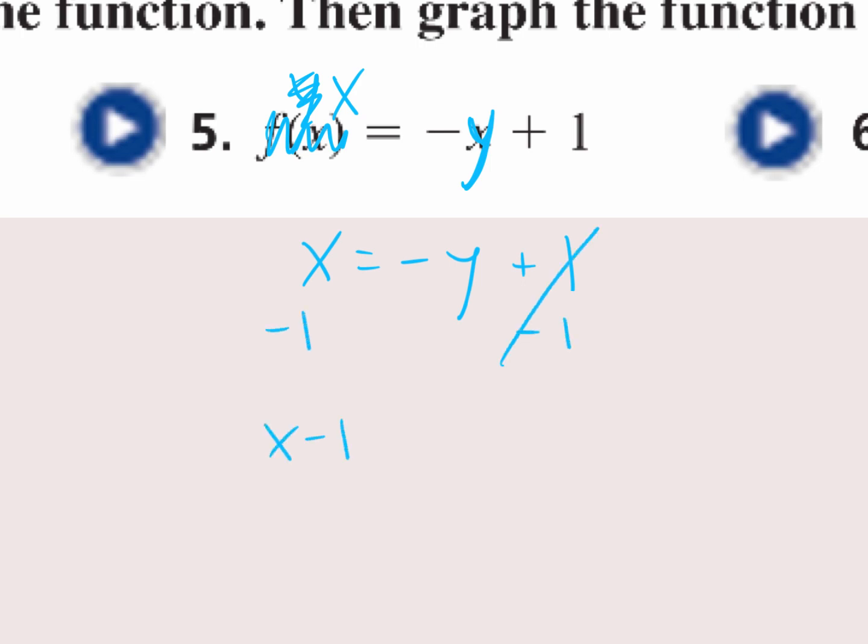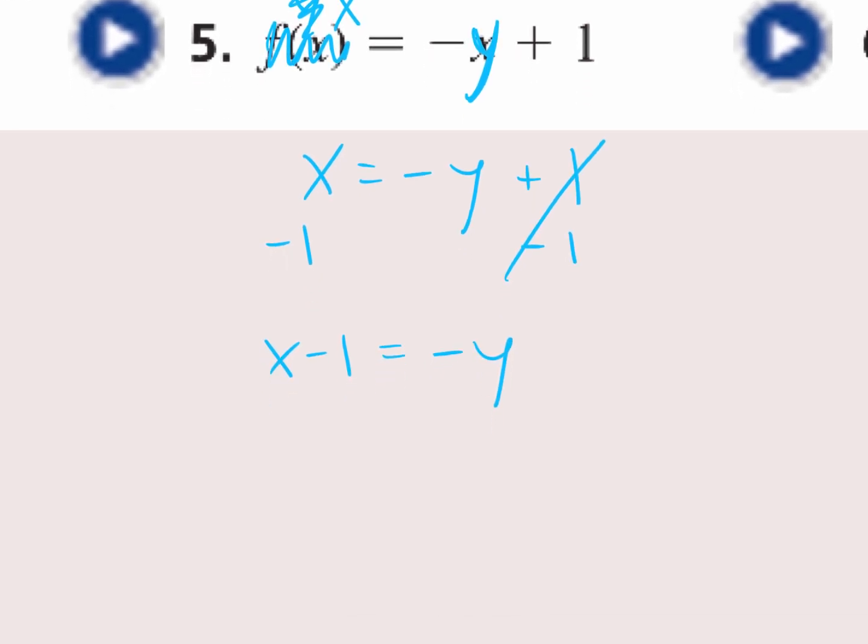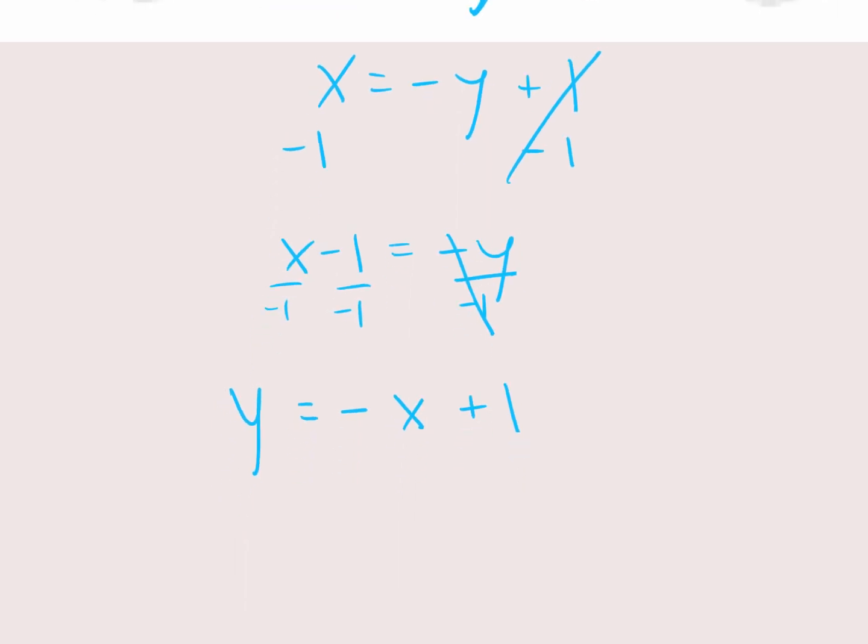So x minus 1 is equal to -y. Then what would I do? Divide everything by -1. Perfect. So when we divide everything by -1, we just flip the signs of everything. So it becomes a positive y, which was what our goal was. What does the x turn into? -x. And -1 divided by -1? Positive 1. And then what's the last step? Put the little -1 on our y just to name our inverse.